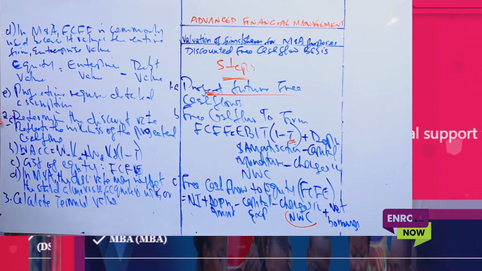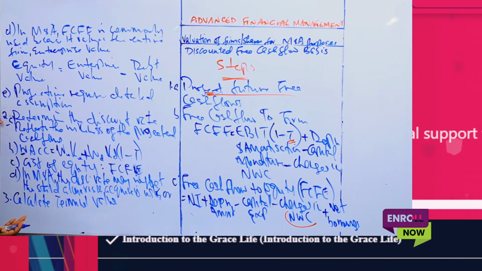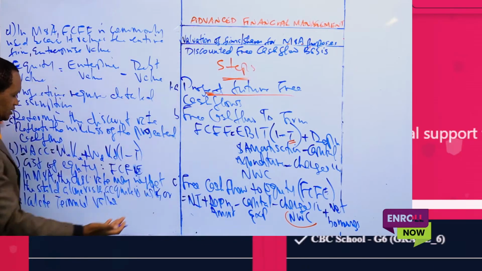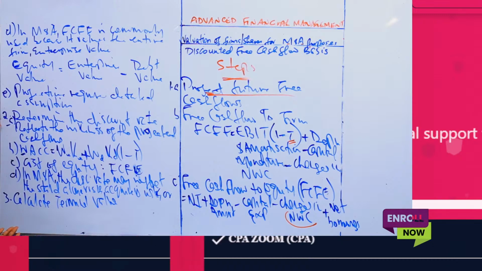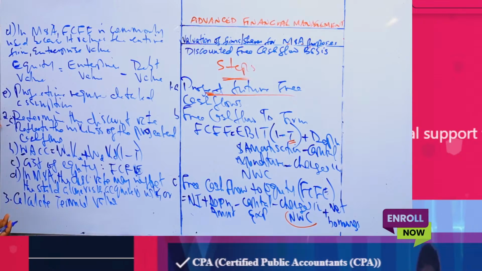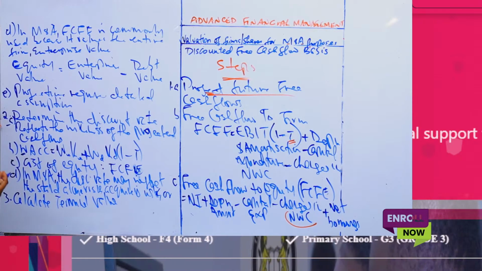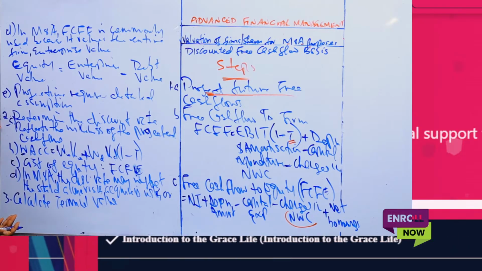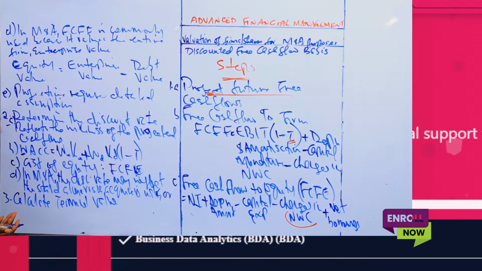So the main cash flows here would be the projected future cash flows from the company. Then you have the terminal cash flows, the terminal value. And we know there are various methods for calculating the terminal value. We may use the perpetuity growth model. We can also use the exit multiple model and so on.